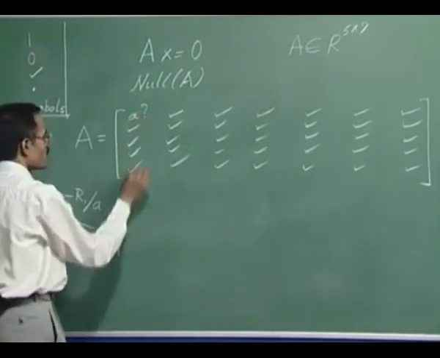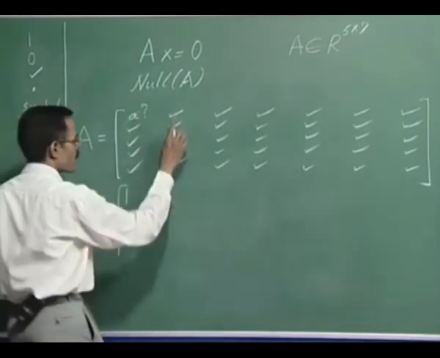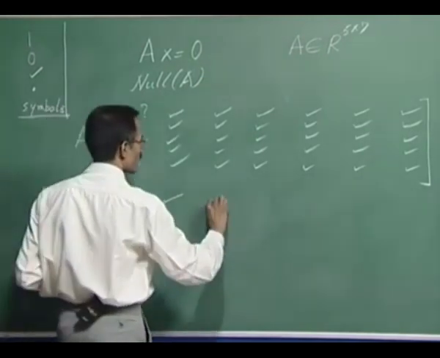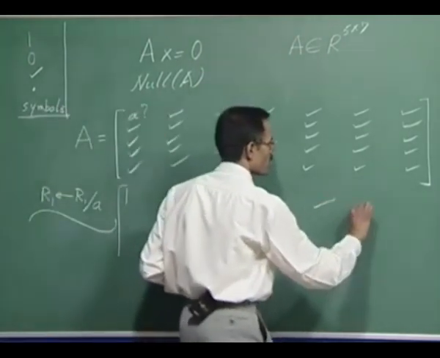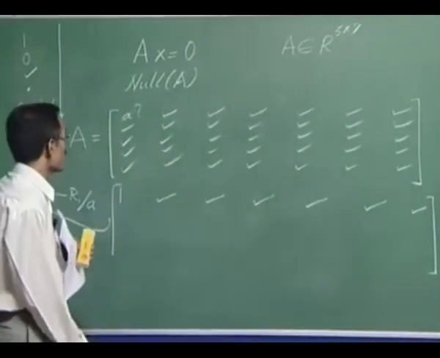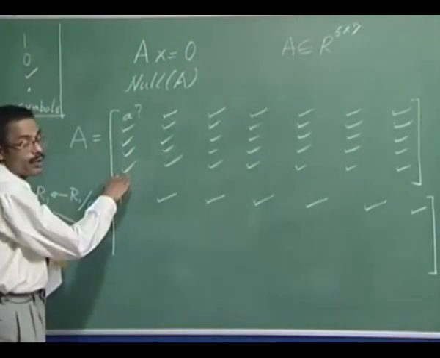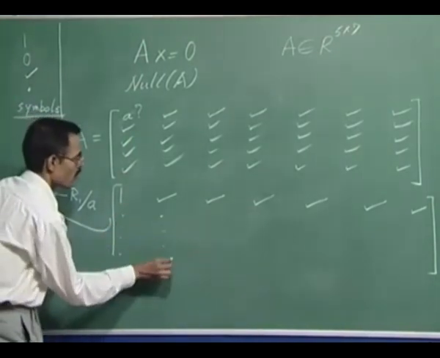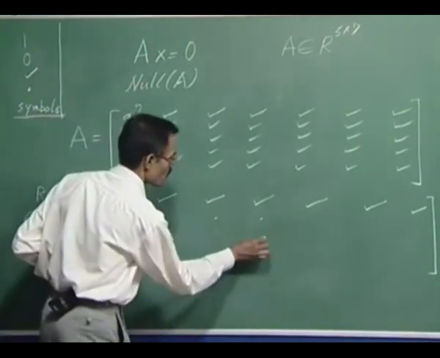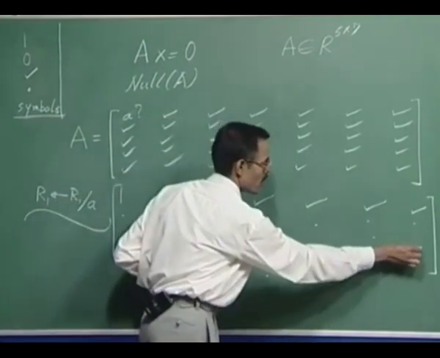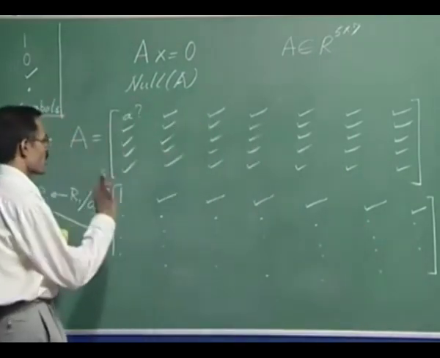We get 1 here, and something here, that is, whatever the old entry was divided by A. So, these get changed. The other 4 rows do not get changed.